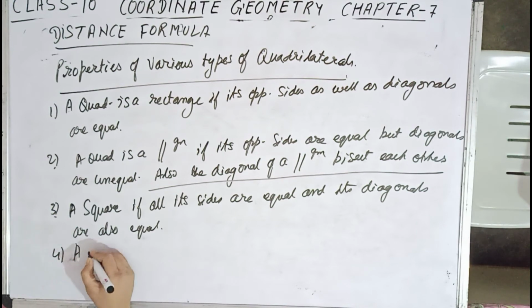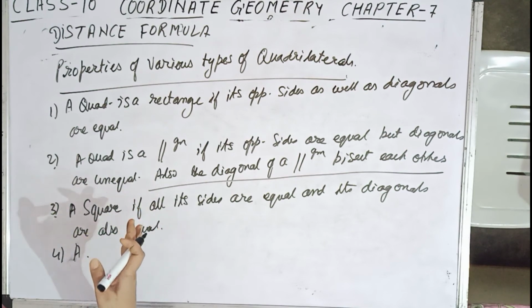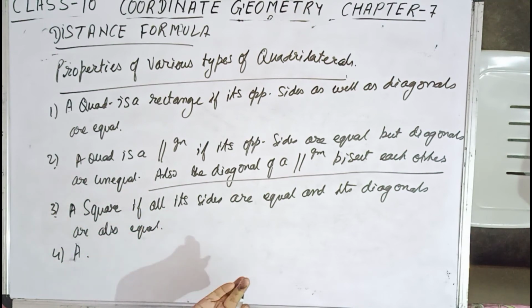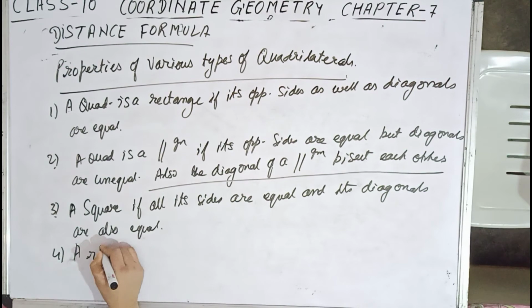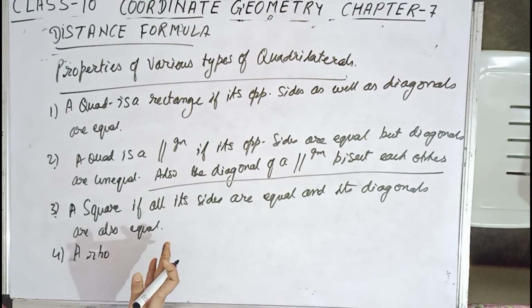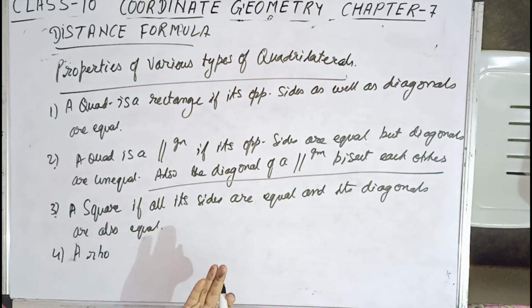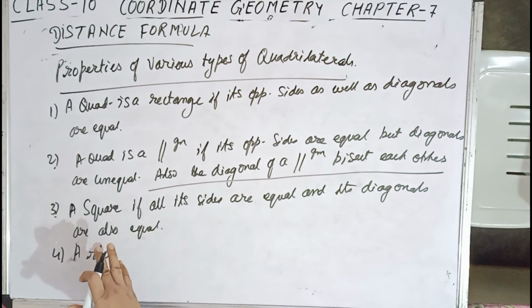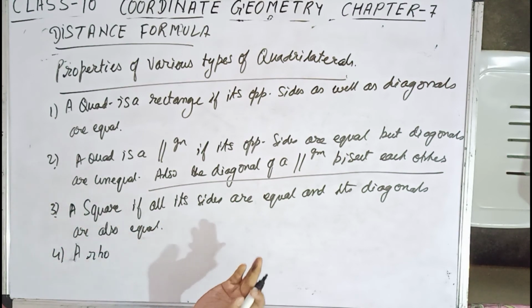Number 4, if I have to prove that it is a rhombus but not a square, then we will prove that its sides are equal. In a rhombus and a square all sides are equal, but if the diagonals are unequal, the quadrilateral will be a rhombus but not a square.